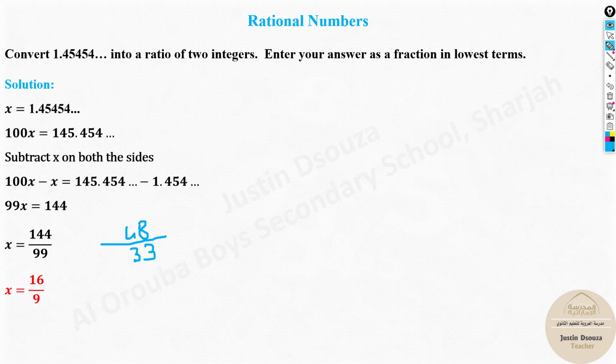Now, sorry, I just realized this is the wrong answer, because 48 divided by 33 would be, because 3 again goes in both, this will be 11, this will be 10, 15, 16. Yes, it should be 16 by 11. I apologize for the mistake. It should be 16 divided by 11. So this is the final answer.